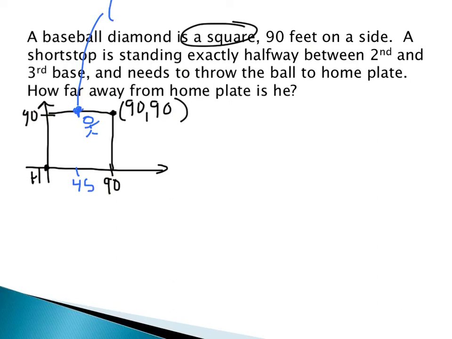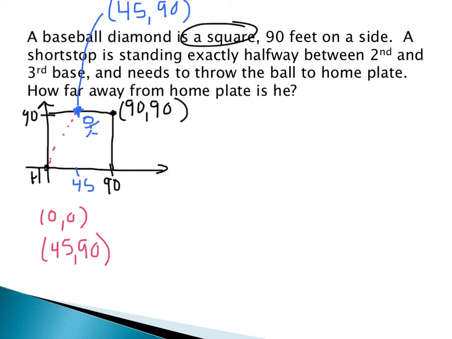So he is standing at the point 45, 90. And now, how far away from home plate is he? Because he needs to throw it here to home plate. So we need to find that distance. That's really asking us to find the distance between 0, 0 and 45, 90.